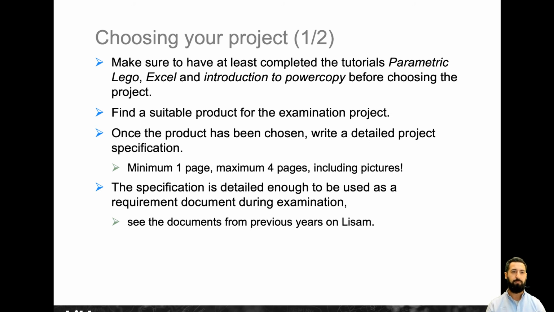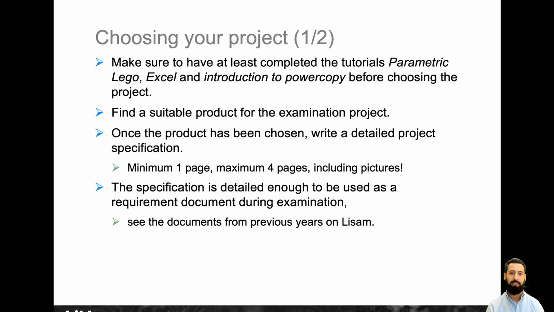Okay, so just running through these points really quick. Make sure you have completed the tutorials Parametric Lego, Excel, and Introduction to Copy before choosing the project. Find a suitable product for the examination project.